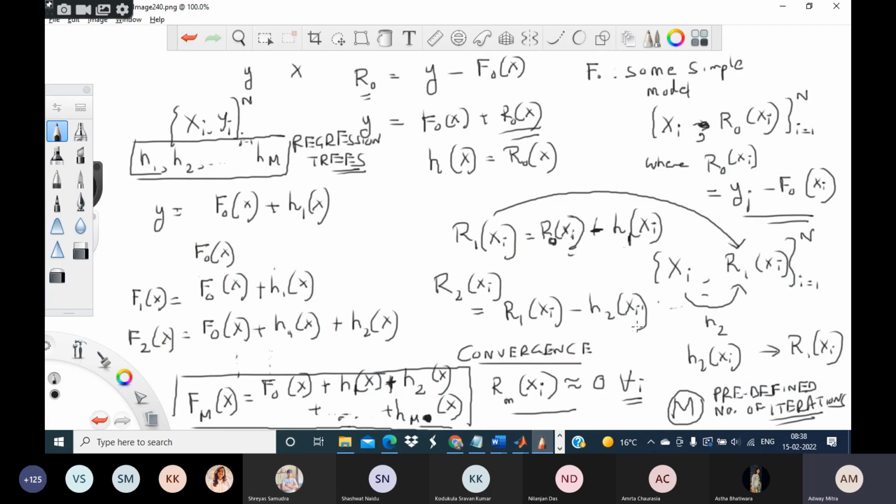See, because we are actually calculating the residuals, those points where the prediction has been bad will naturally have a higher value of the residual, and those points where you have almost got it correct will have a lower value of the residuals. So when we are training this kind of a regression tree, it does have the information of which levels have high values and which have low values.